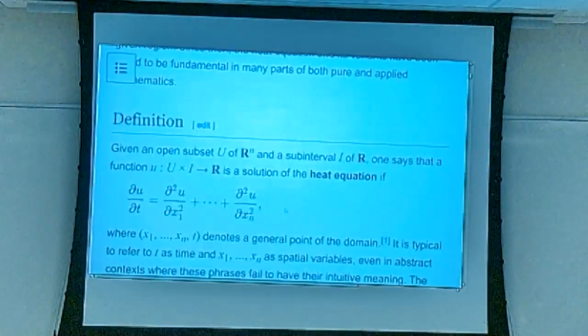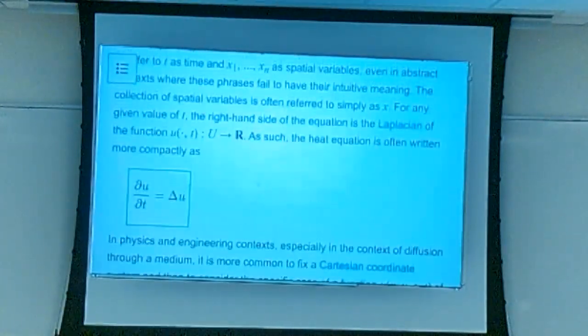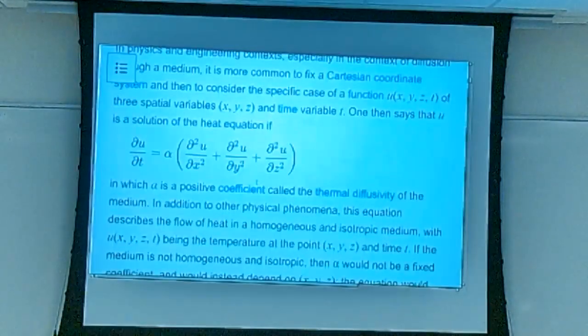It would be u_t equals u_xx plus u_yy plus u_zz, with alpha, some coefficient, times that sum. This is the heat equation in three spatial dimensions.